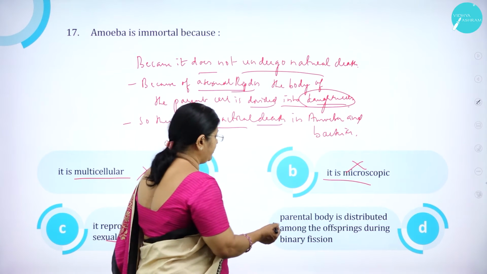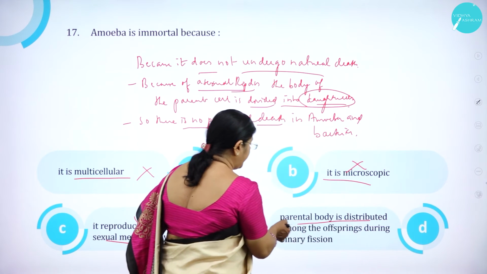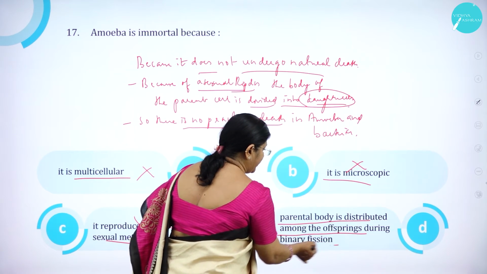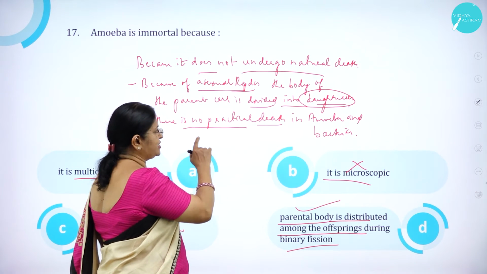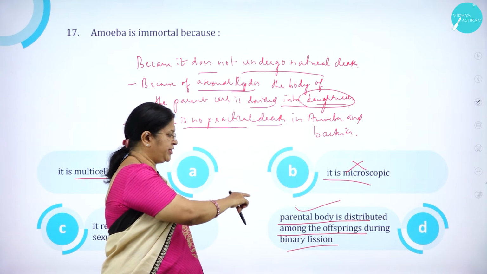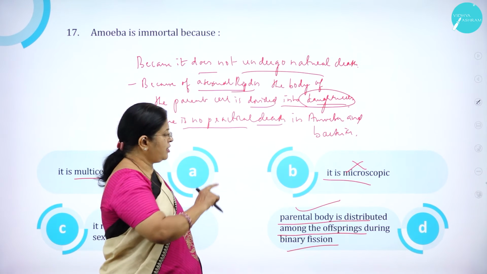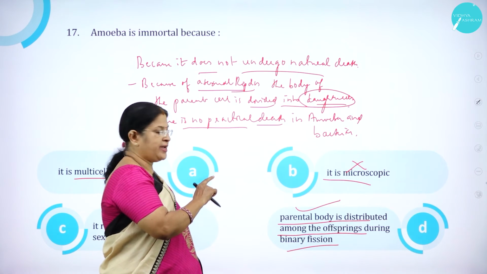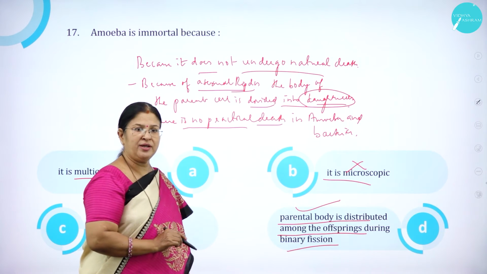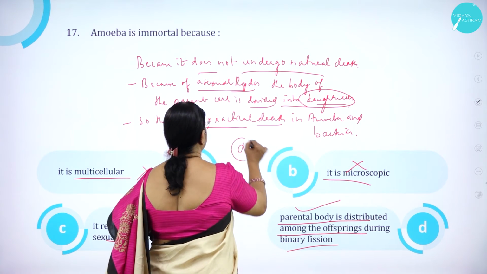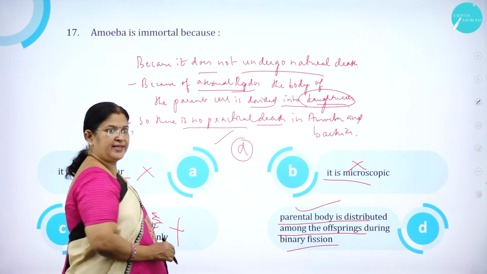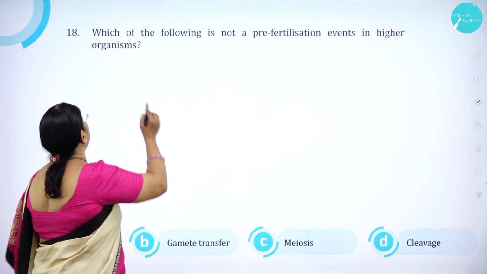So option D, parental body is distributed among the offsprings during binary fission, correct. So whatever contents are found in the parent body is distributed to the daughter cells. So option D is correct. Question number 18.